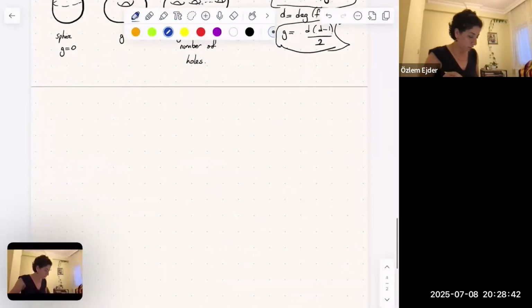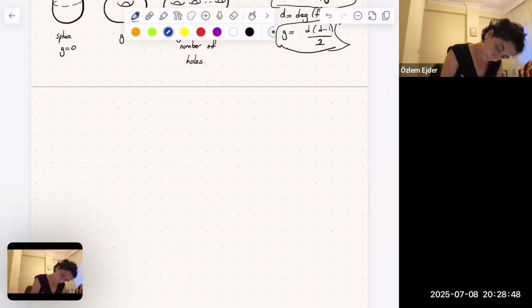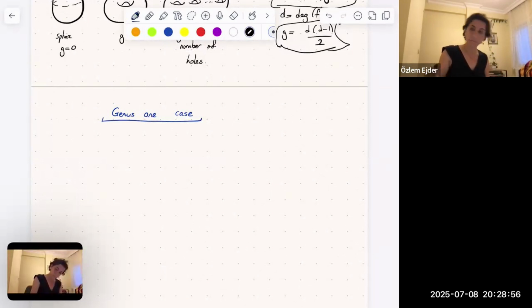All right, so then the genus 1 case, what do we know about this? In the genus 1 case, let me just give you the definition first. This is what we call the elliptic curves case.